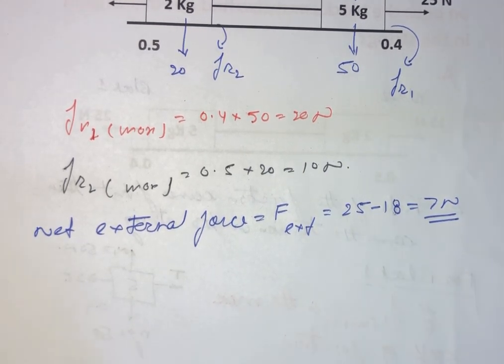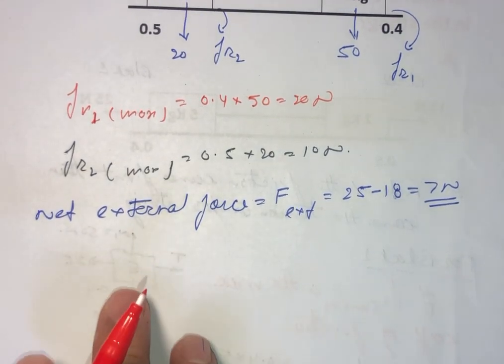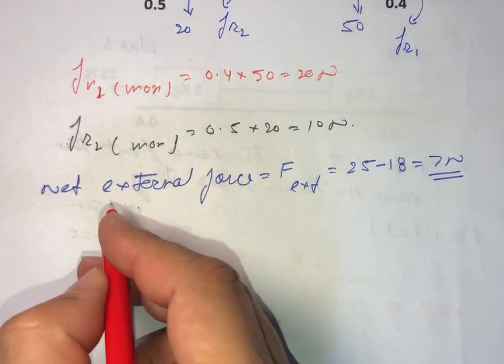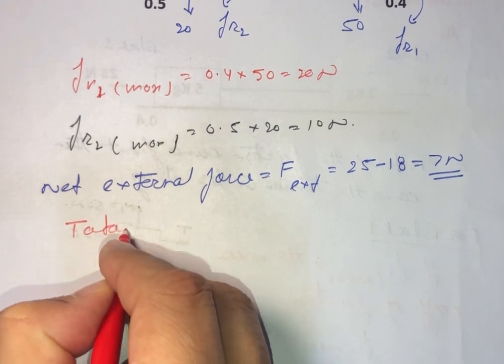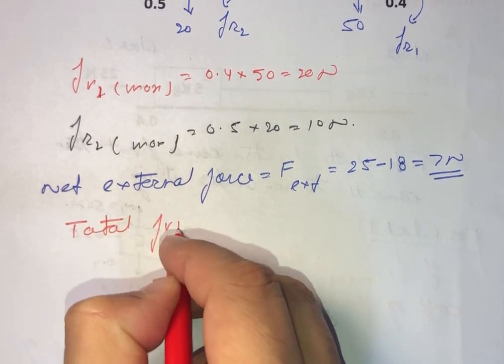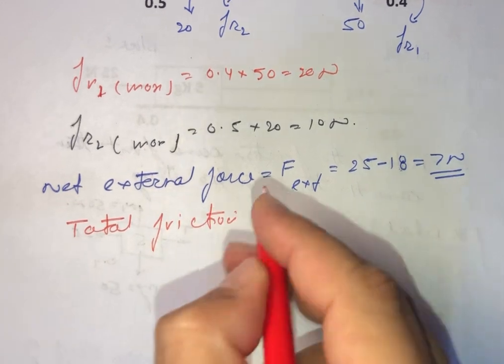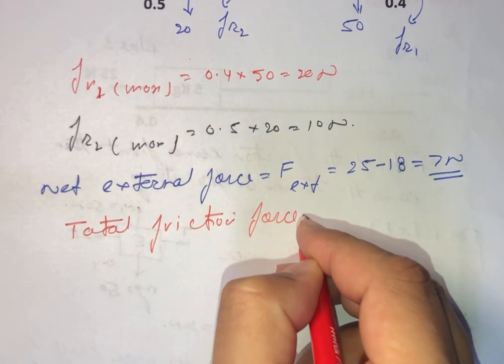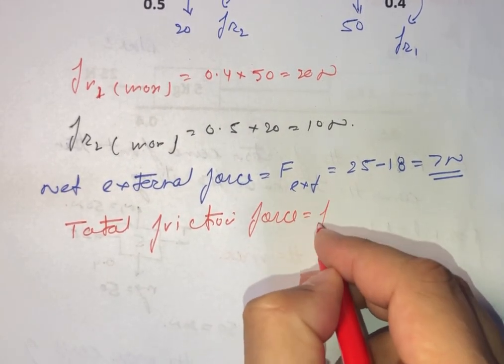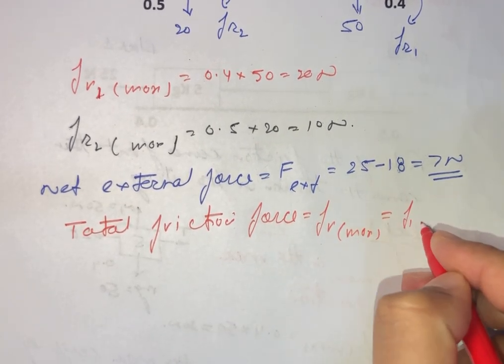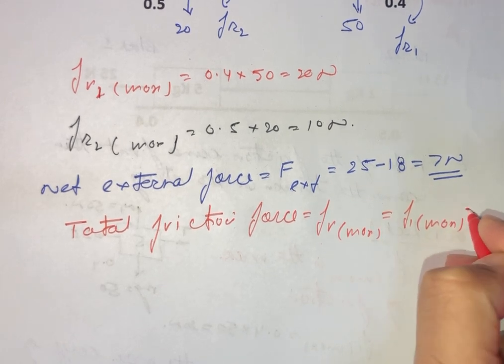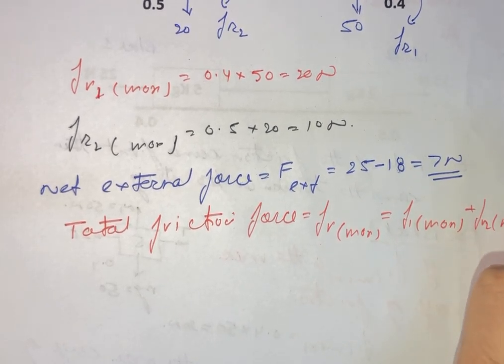And we find out our total frictional force, which we denote as Fr max, which is equal to Fr1 max plus Fr2 max.